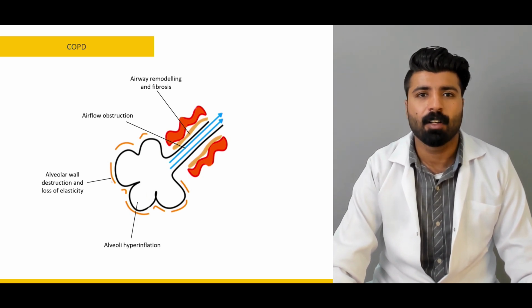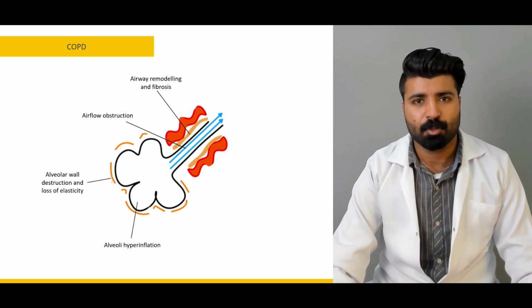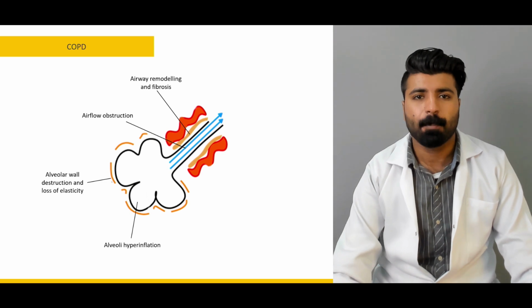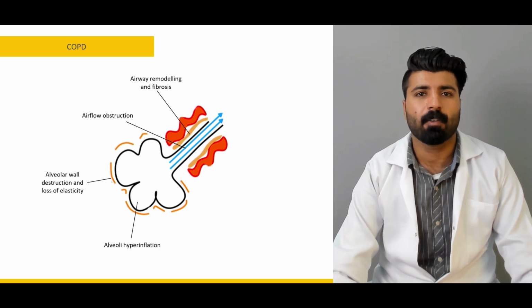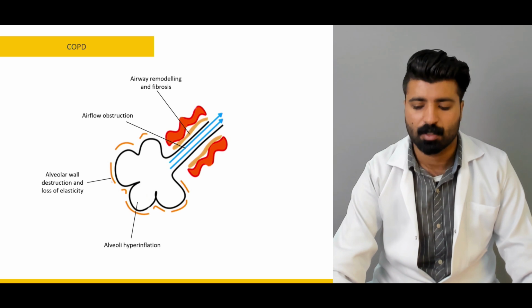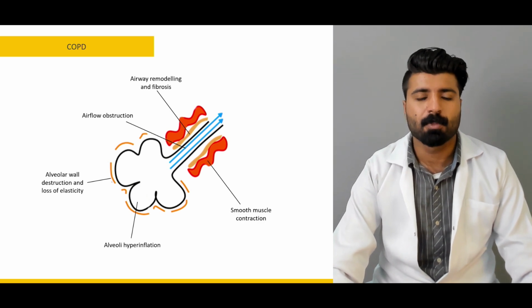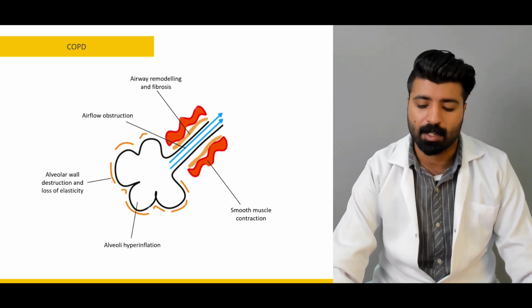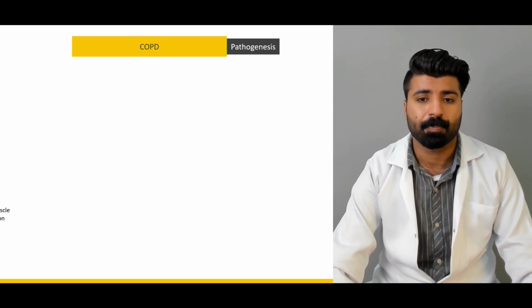It's not like they will take the air in, then push the air out. They are just open. They are just like shopping bags. They're hyperinflated now. There's no recoiling power at all. There's no elasticity at all. Smooth muscle contraction will happen because of all of these processes. Smooth muscle will start contracting and the lumen will start getting narrower and narrower with time.